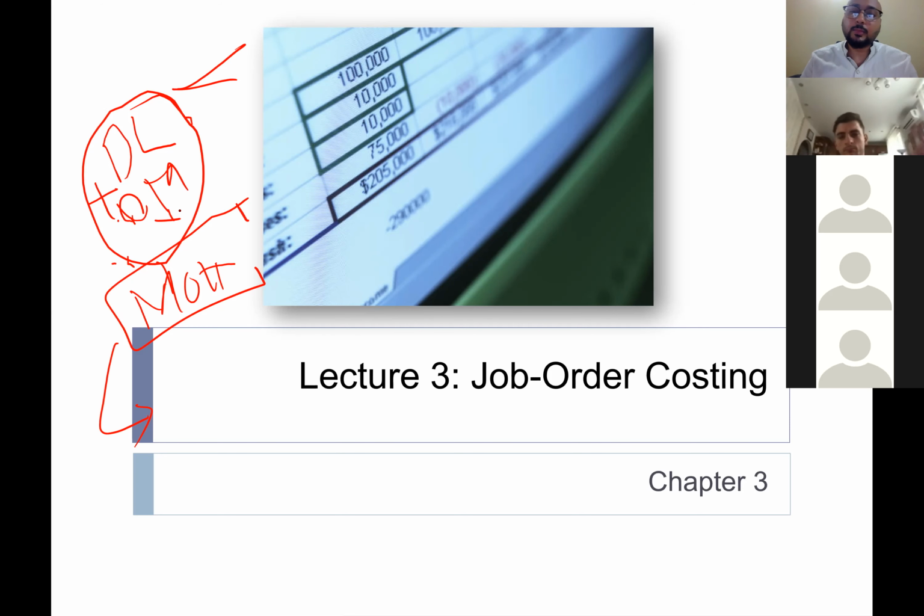There is company A, company B, and company C. Each gets the tender or some kind of quotation: we are giving you a 1 million stuffed Christmas toys order. It's a huge order, right?